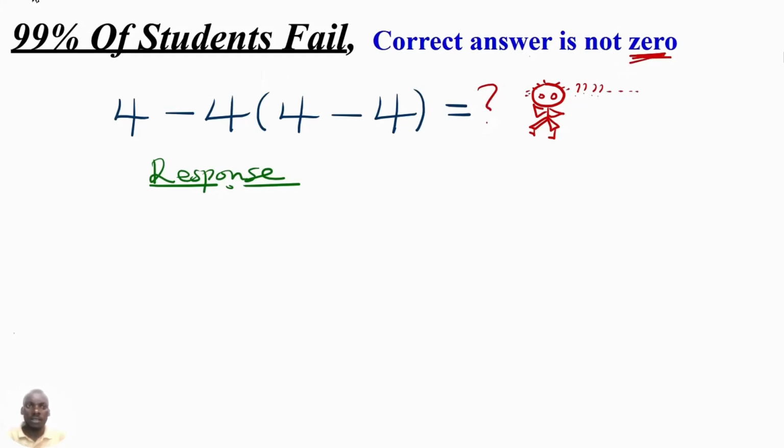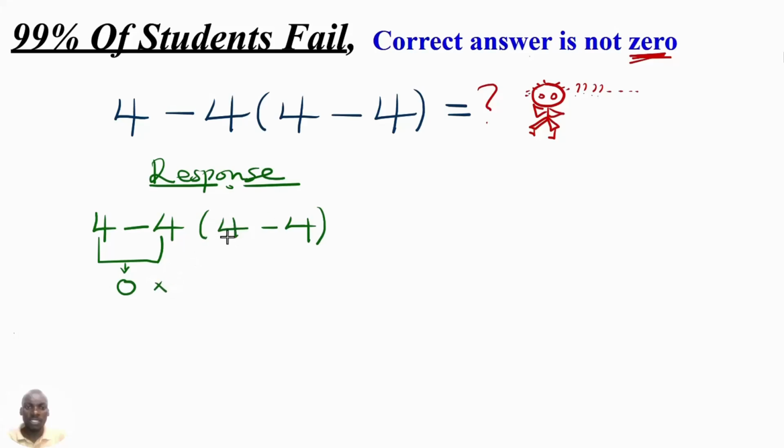So let us see. The one who got 0 must have interpreted it wrongly in this way: 4 minus 4 into the bracket 4 minus 4. If one starts by just simplifying the first two, 4 minus 4 gives us 0. Then the bracket means multiplication.